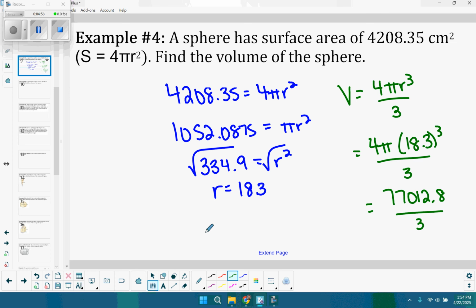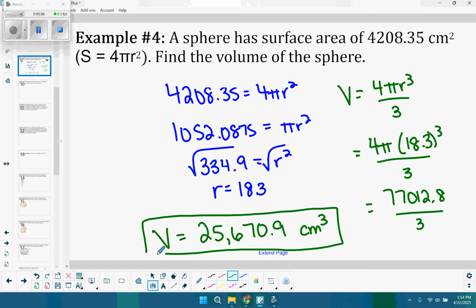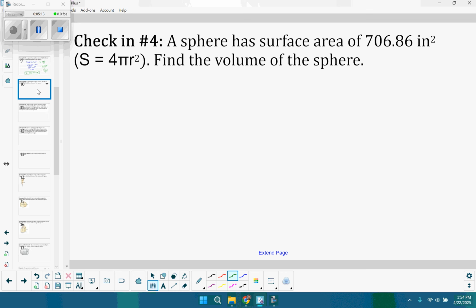And dividing that by 3, I got 25,670.9 cubic centimeters. So here's a problem for you to try. You could pause. Answers are posted on Google Classroom.